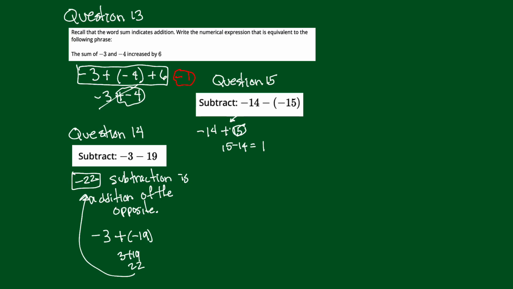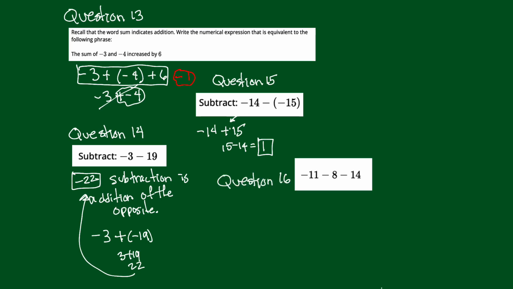Now, the absolute value of 15 is larger than the absolute value of negative 14, which is 14. So 15, and that sign there is positive. So 15 minus 14 is going to be positive 1. All right, so we're saying now that negative 14, if you subtract negative 15, you get a difference of 1.